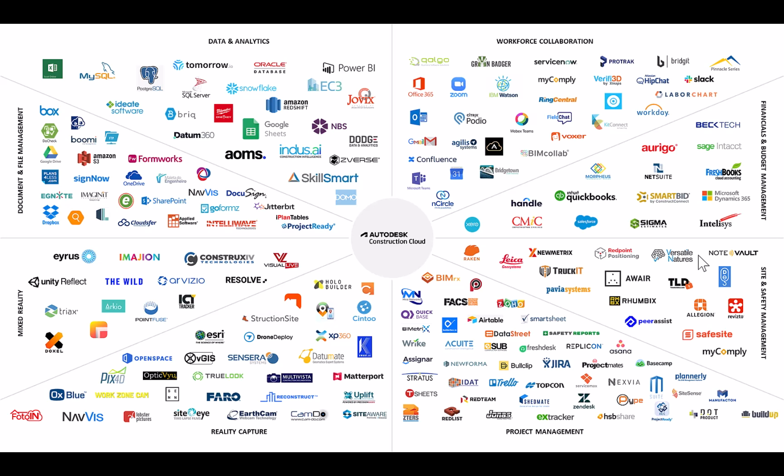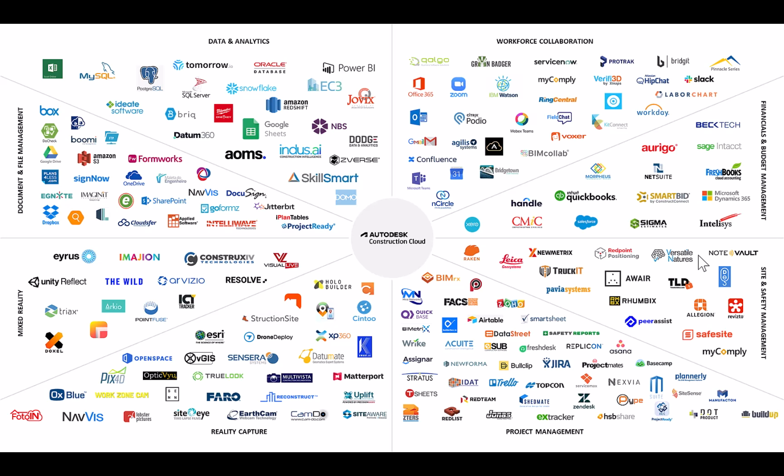As an example of how ACC enhances interoperability and connectivity, this slide highlights the strength of Autodesk Construction Cloud's strategic partnerships and its rich integration ecosystem. ACC offers seamless integration with a wide range of third-party solutions, spanning areas such as reality capture, financial and budget management, project controls, health and safety, and project management.